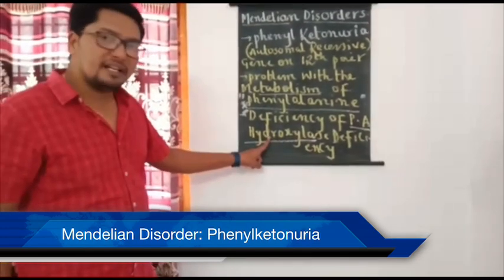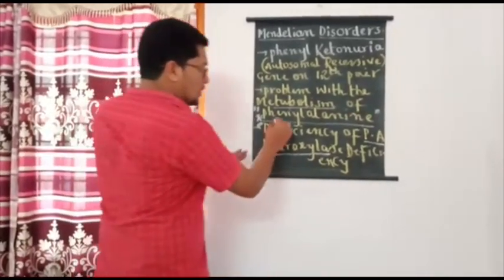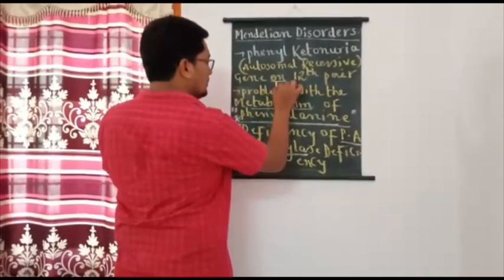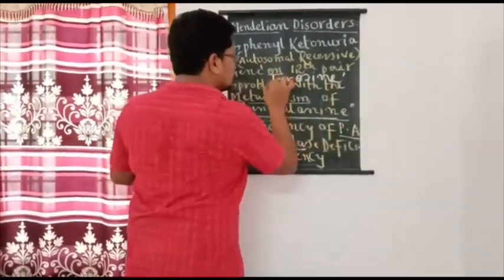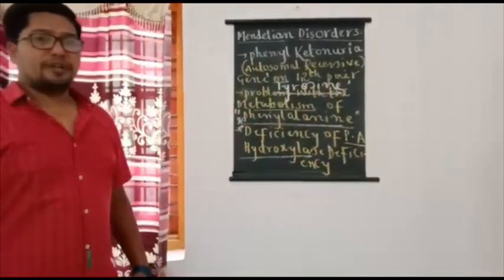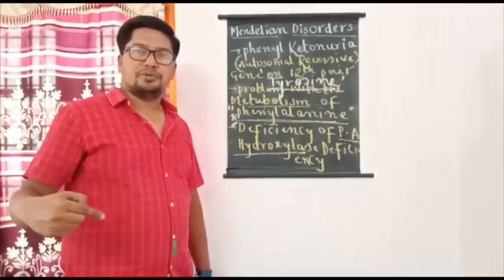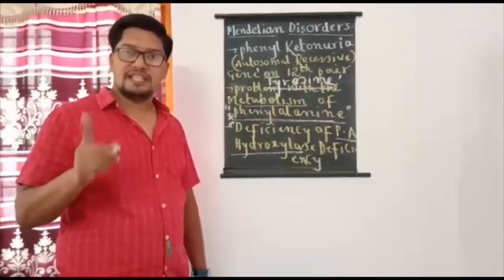Phenylalanine hydroxylase is essential for the conversion of phenylalanine into tyrosine. Students should remember, phenylalanine gets converted into tyrosine in presence of the enzyme phenylalanine hydroxylase.